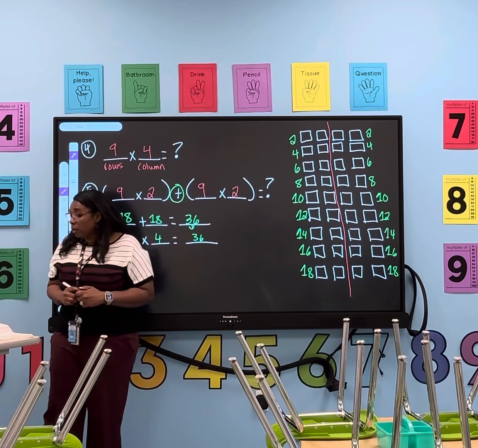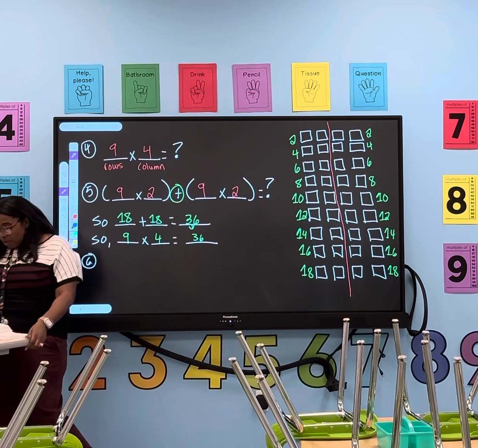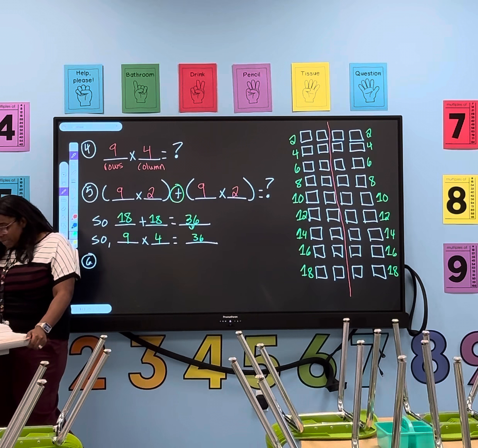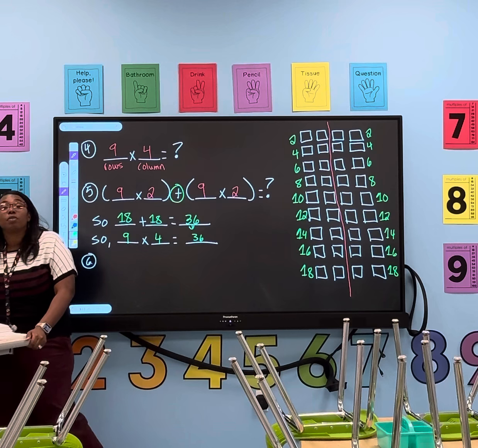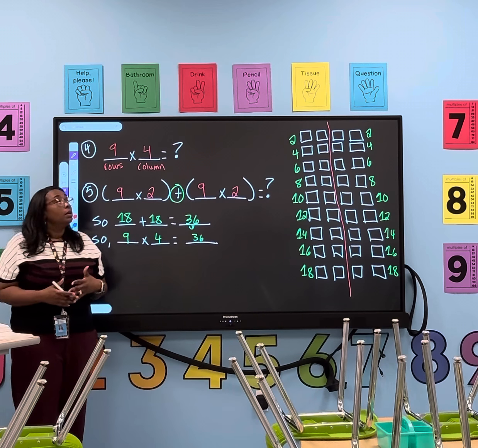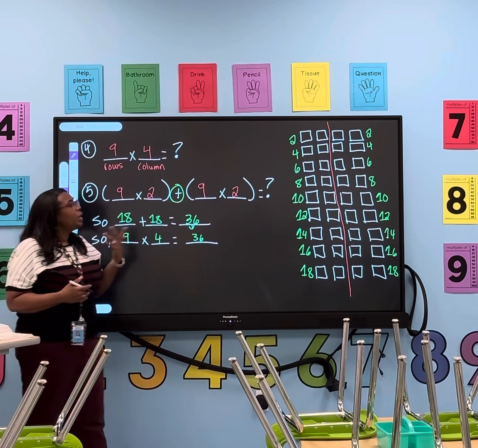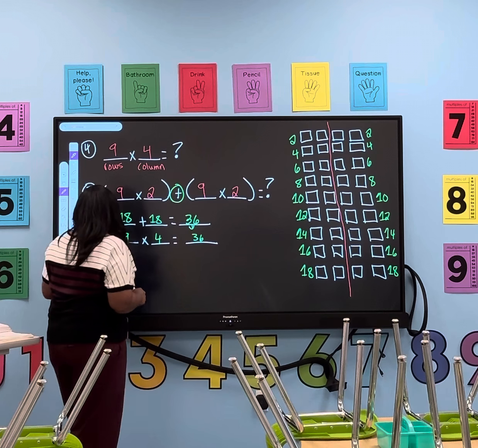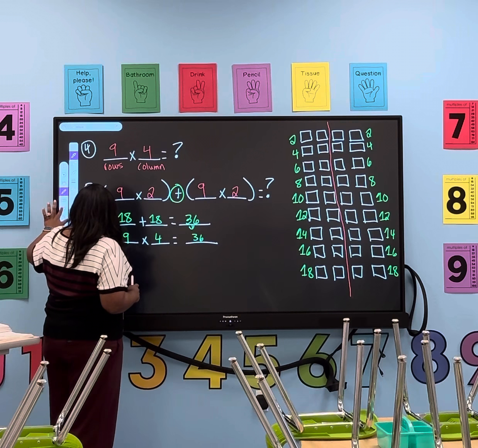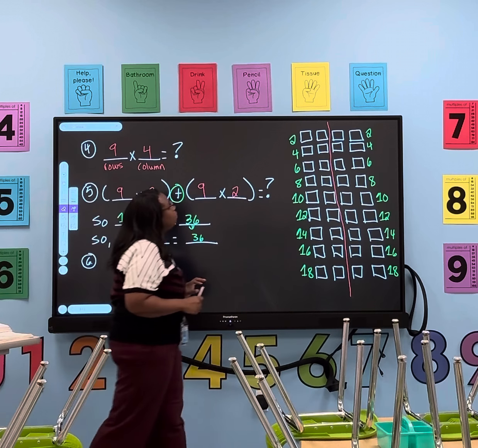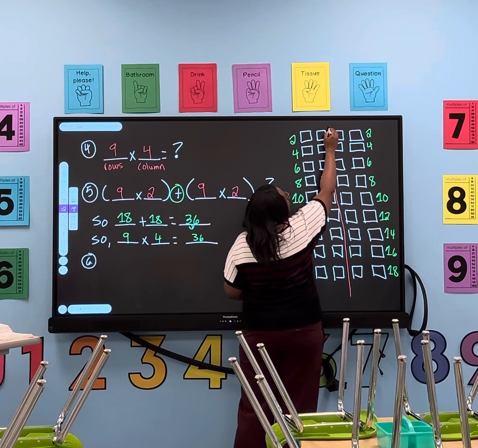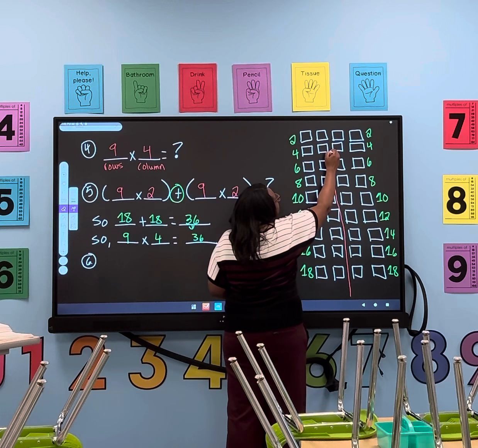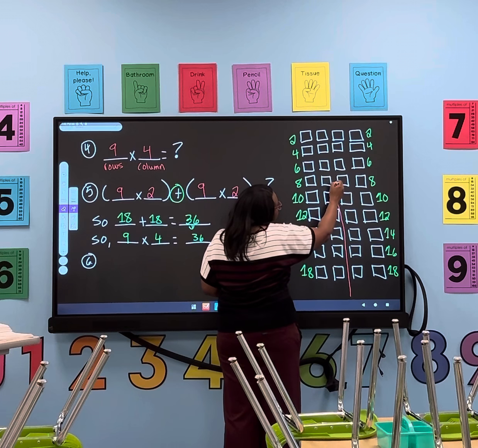So now let's go to number 6. Number 6 says, describe another way you can break apart the same array to solve the problem. So that's what I was telling you before. Instead of breaking it apart in half, let's see if I can erase this without messing up the squares.